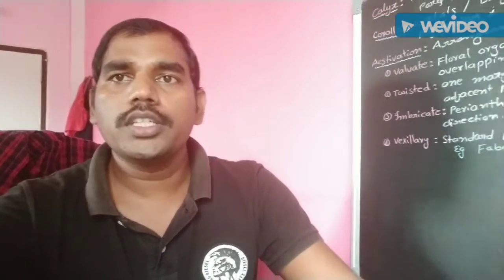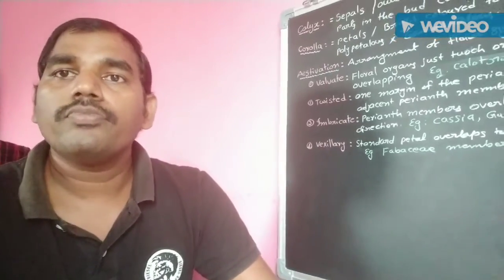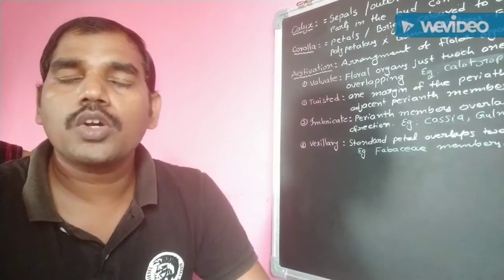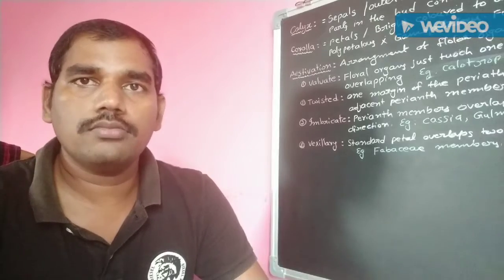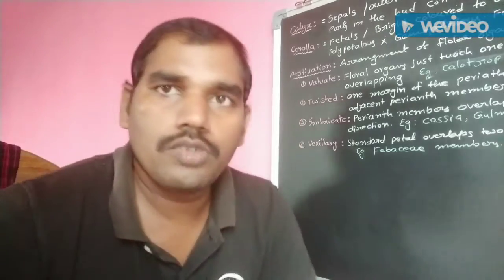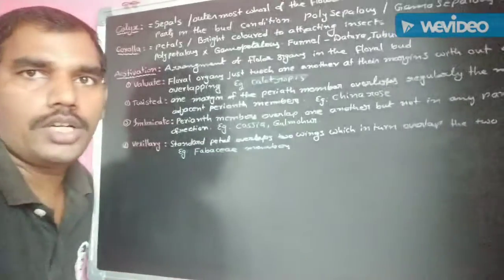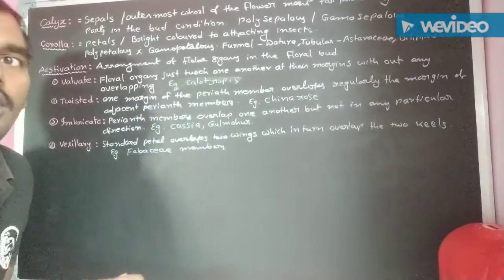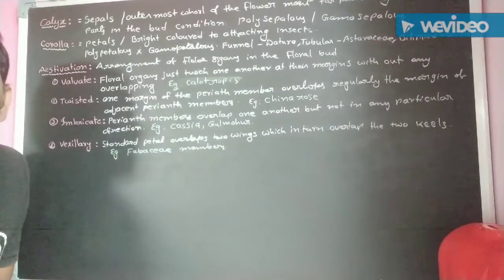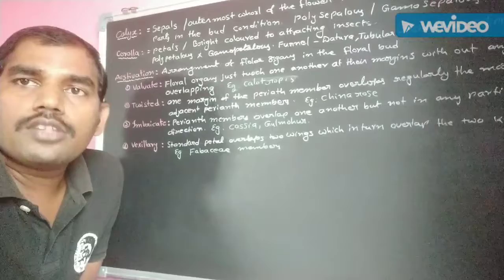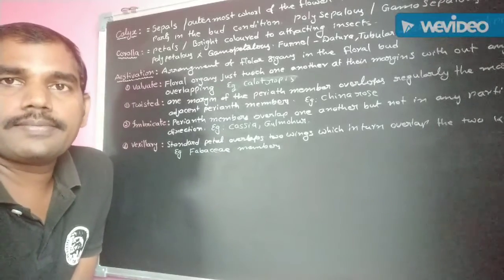Now I want to discuss some floral parts like calyx, corolla, androecium, and gynoecium. Let us discuss them one by one. The first one is calyx. Calyx is also known as sepals.